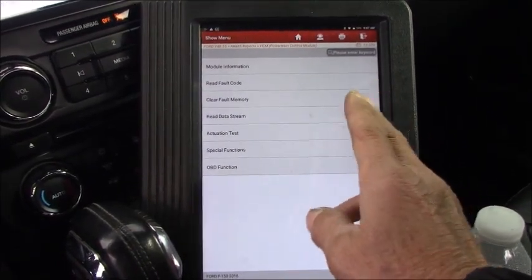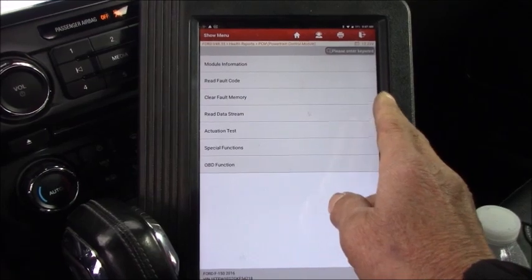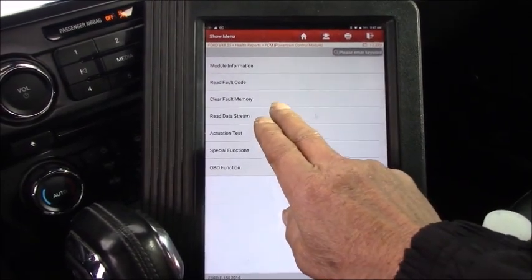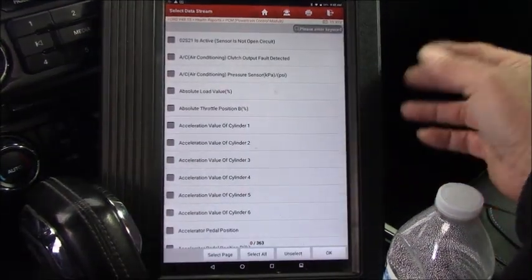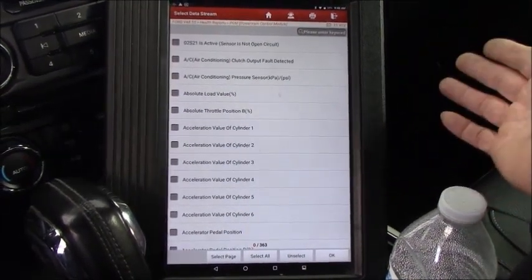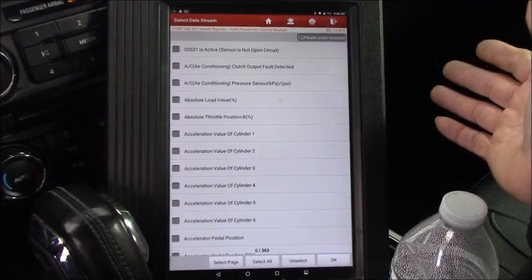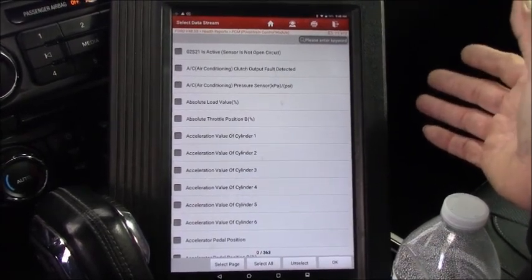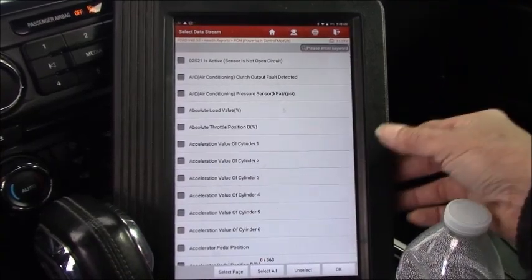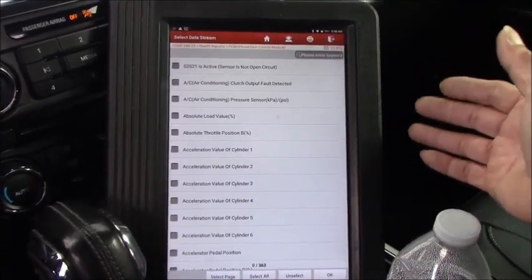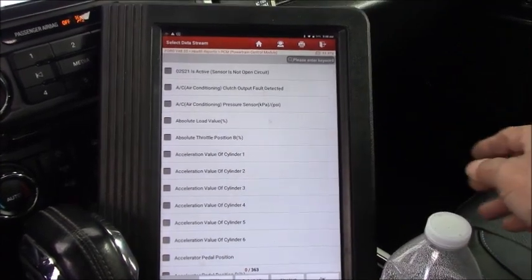Maybe the computer controls the radiator fan. Let me go with the data stream. Okay, as you can see, if the computer gets some information from the sensors, it will control the fan running at high speed.